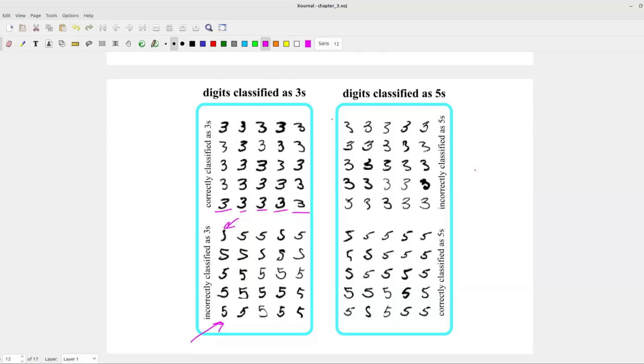And then we've got digits classified as fives. So these are incorrectly classified as fives. This one, I don't understand why. These look like pretty good threes to me, honestly. This one here, I could get that that's a 5. This one here, I could see it, right?